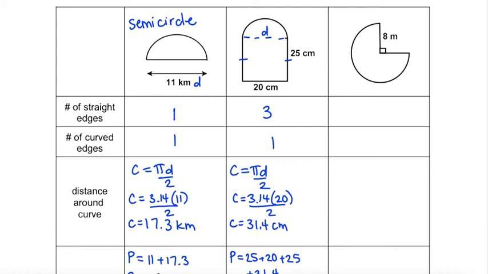And the next one includes 3/4 of a circle. I know that this 8 meters right here is the same as my radius. So I have two straight edges, and I have one curved edge. Because I am only having 3/4 of a circle, when I'm looking at the circumference of my circle, I want to take my 2 pi r and multiply it by 3/4.